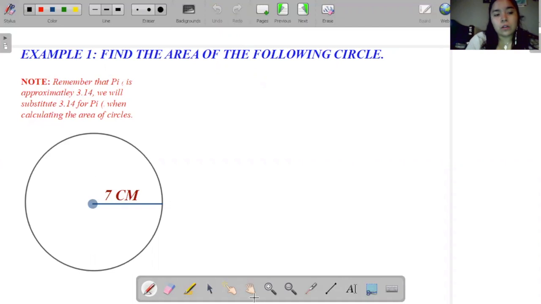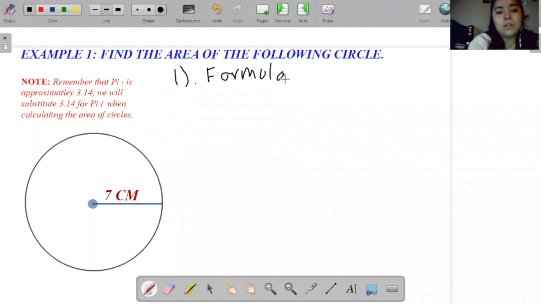So how can we start? Our first step will always be to write down our formula. So first step is the formula. Then we have A is equal to pi times r squared. Okay, so that's our first step, our formula.